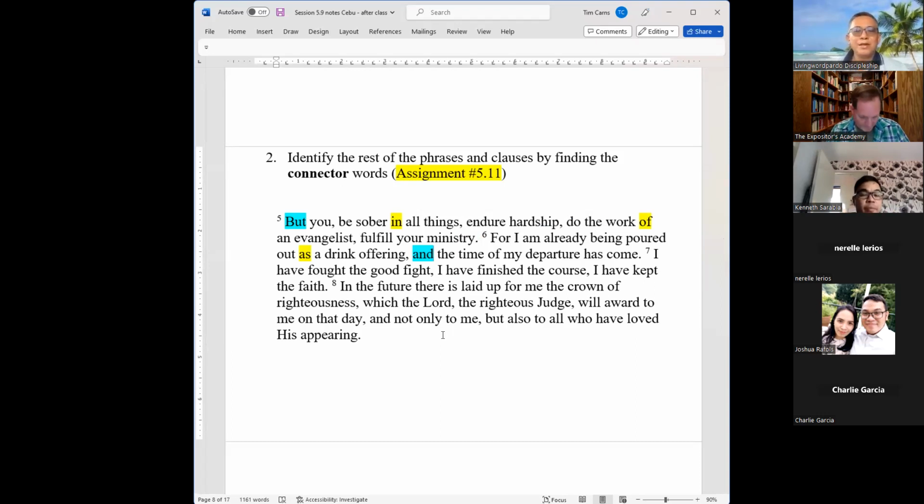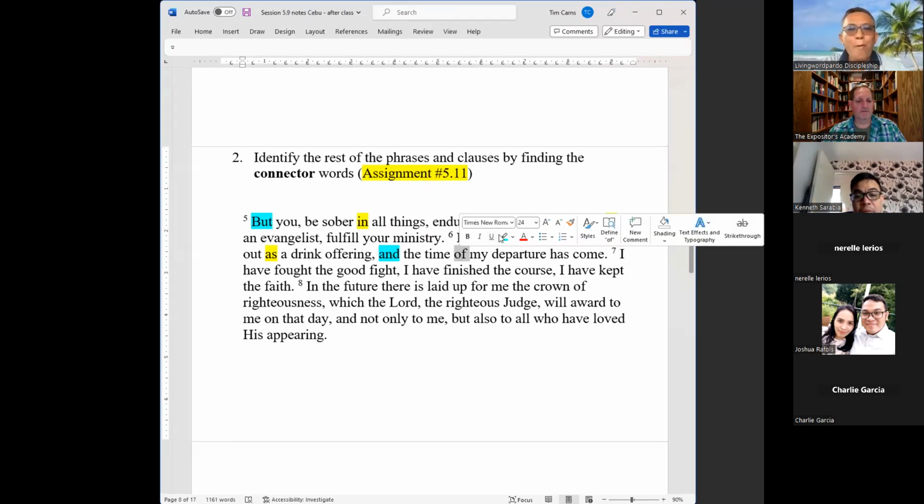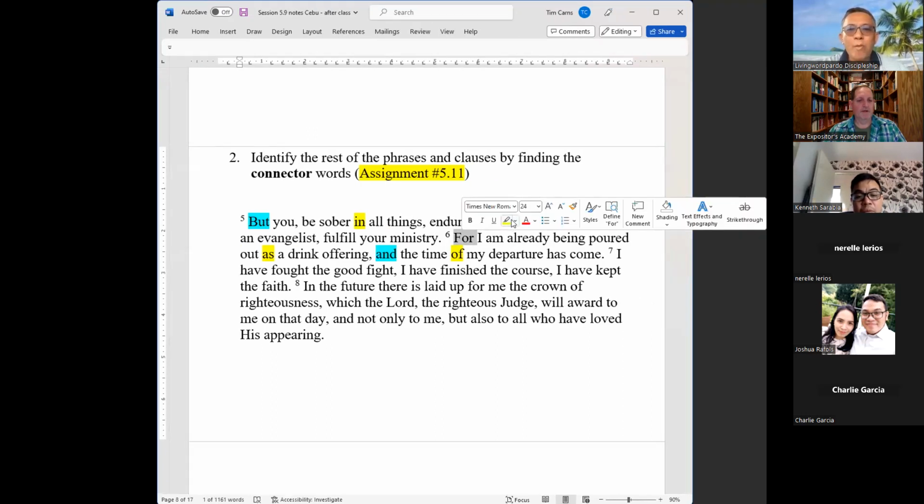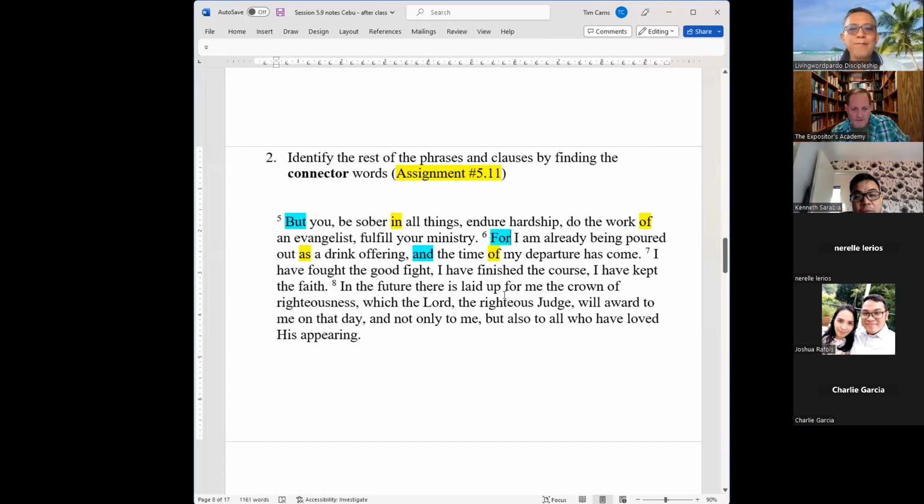Coordinating. Yes, okay, good. All right, any other connector words? Of. For, the first word, for. Yes. Now, it is a connector word. Do you think it is a conjunction here, or is it a preposition?